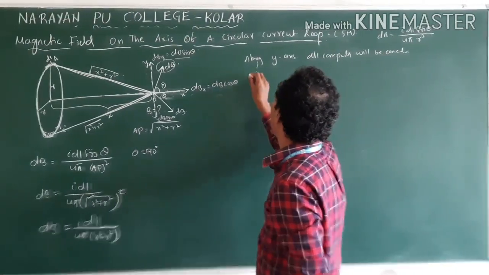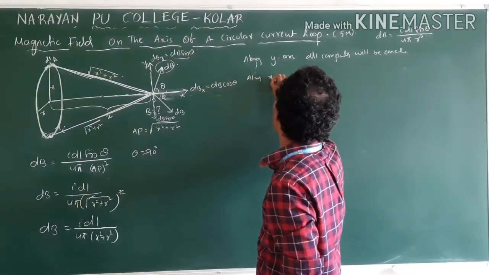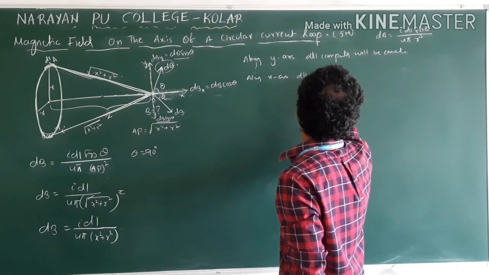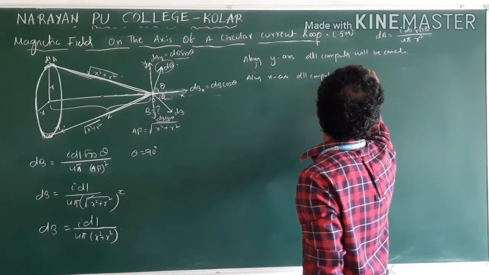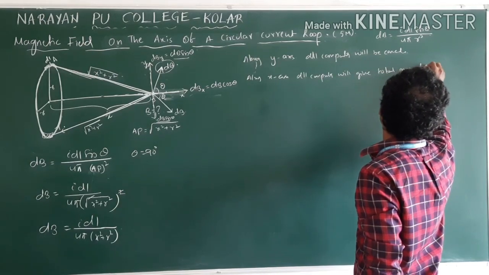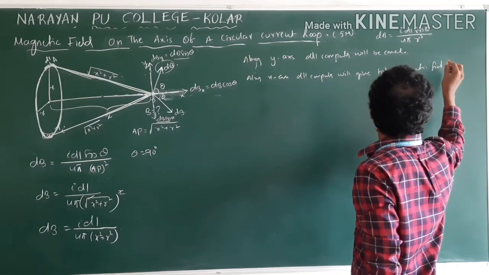Okay? And along x-axis, all components will give the total magnetic field.